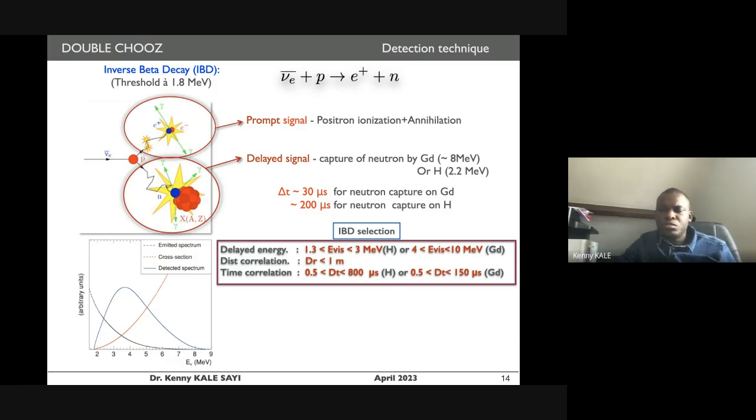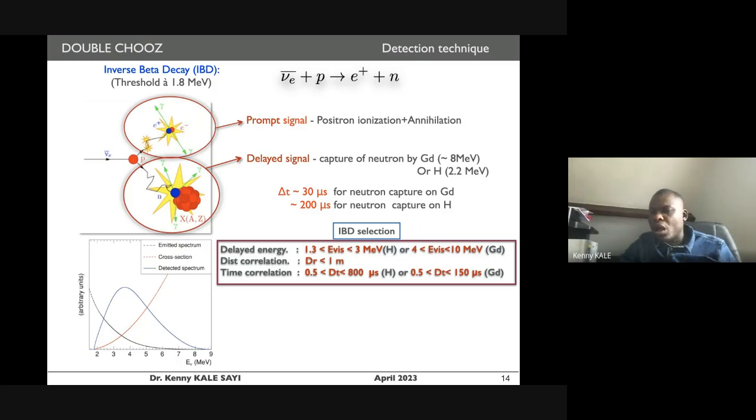And when a neutron becomes a proton, this process is accompanied by the emission of an anti-electron neutrino. This is the first line of my slide. This ν_e with a bar above is what you call the anti-neutrino. So these are the neutrinos coming out from the nuclear power plants.